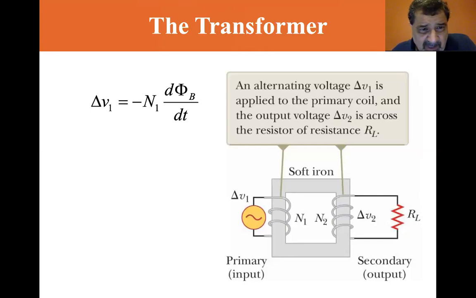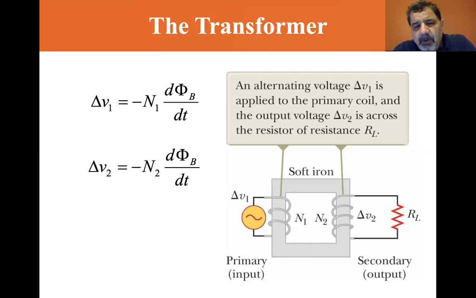So delta V1 is the supply side. Delta V1 equals minus the number of turns N1 times d phi dt, the magnetic flux. And since it's alternating current, it's always changing, so there's always magnetic flux going through the coils. For delta V2, we're going to assume that all of the flux that goes through the iron appears on the secondary side.